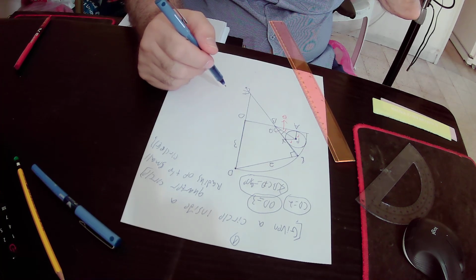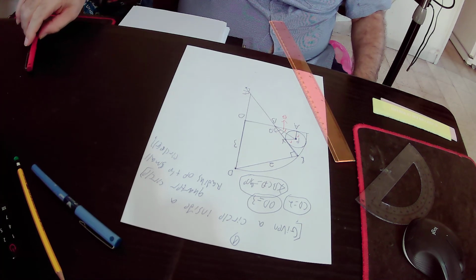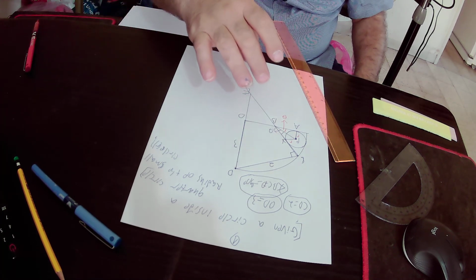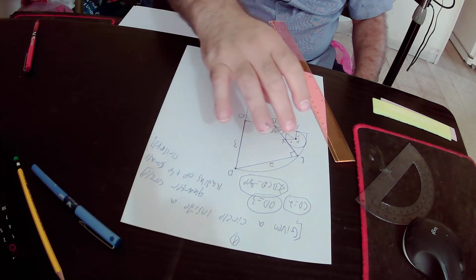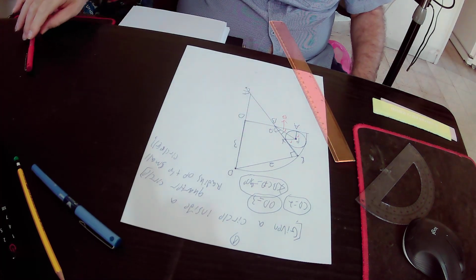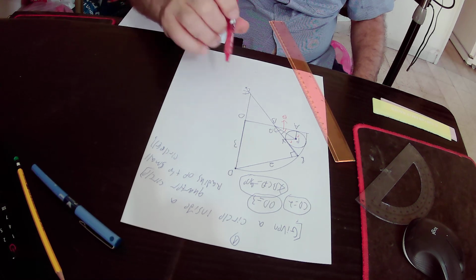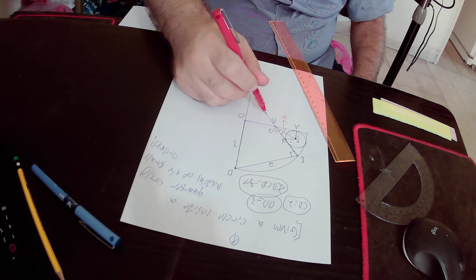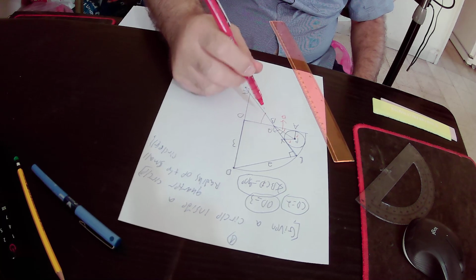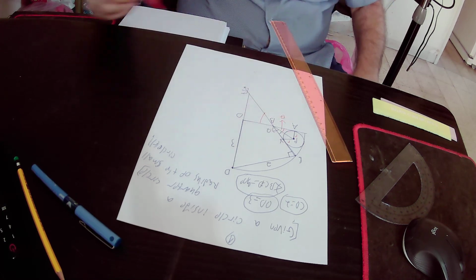And actually, by this construction, by extending those two line segments OD and CB, we created two vertex angles. We have vertex angle EBO and vertex angle ABC.